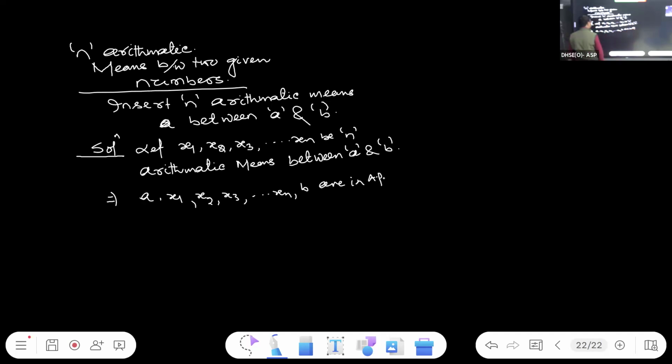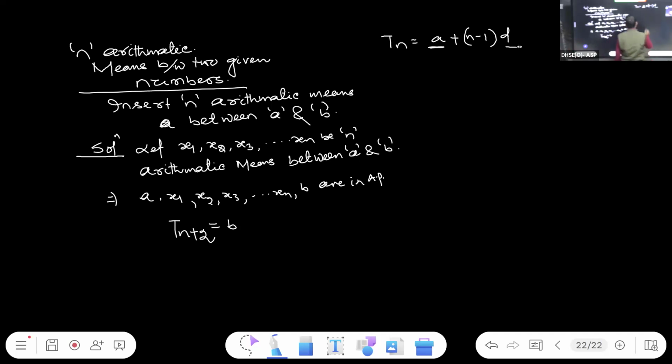Okay. So B will be the n plus 2 term. n terms plus A and B, 2 terms, n plus 2 terms. So T n plus 2 is equal to B. You know, the nth term Tn is A plus n minus 1 into D, where A is the first term and D is the common difference.